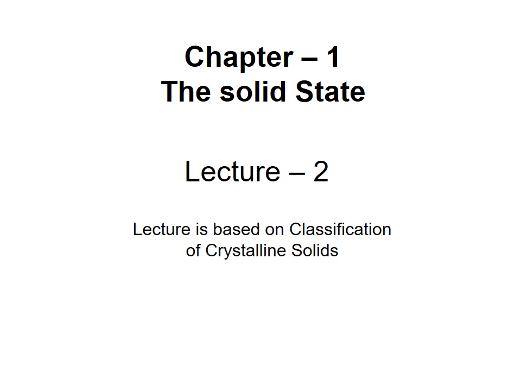Hope all of you have understood and have been liking this teaching method. Now let us study today in this lecture about the crystalline solids and its types, crystal lattice and unit cell.